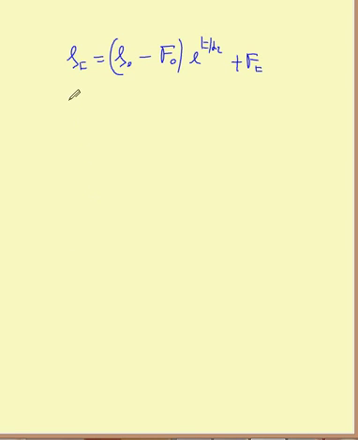Now, if the initial value is greater than the value explained by fundamentals, by exogenous variables, this implies that St goes to plus infinite as t goes to plus infinite.